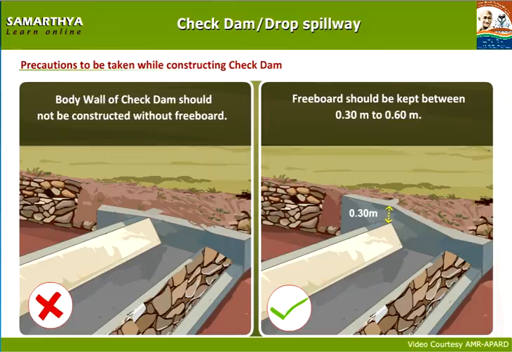This is because if there is a freeboard, it prevents soil on top of the body wall from sliding off due to velocity of run-off water, and check dam will not get damaged. Freeboard should be kept between 0.30 meters to 0.60 meters.